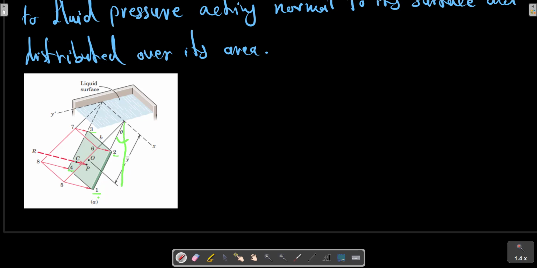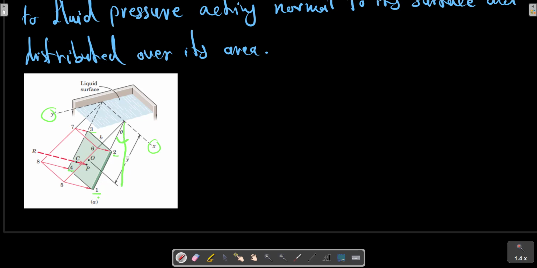The horizontal surface of the liquid is represented by the x y prime plane, this horizontal plane.